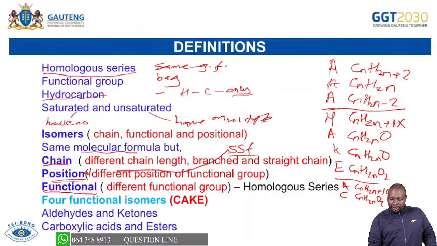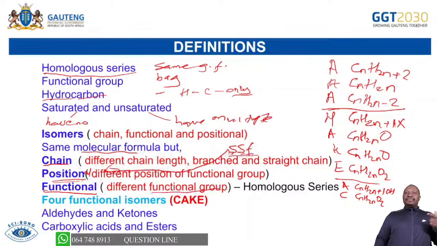For positional isomer, it has the same molecular formula but different position of the side chain, of the substituent, or the functional group. So there are 3 things that we can write there that is at a different position. And for functional isomers, we're saying they have the same molecular formula but different functional group.